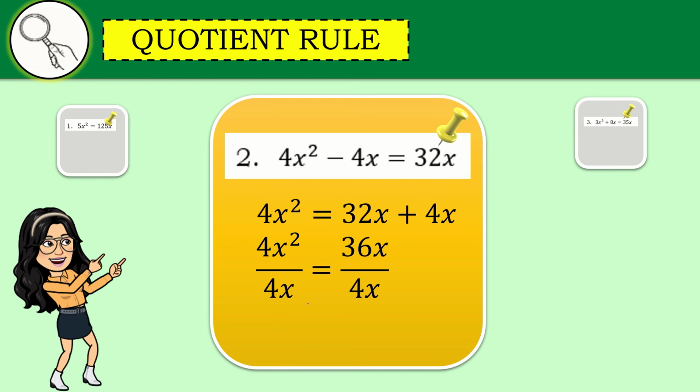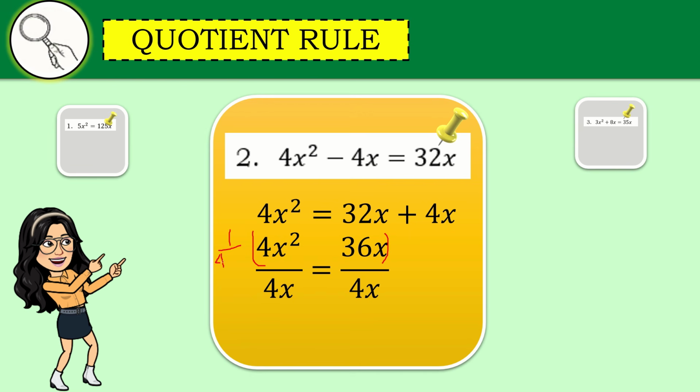Let me erase that, just to clarify. So again, the main purpose of that is to eliminate this 4, at the same time to eliminate 1 variable x, since we do have here second degree for x. So that will be 4x in the denominator because it's similar to applying our multiplication property of equality. So here, we multiply this by 1 over 4x.